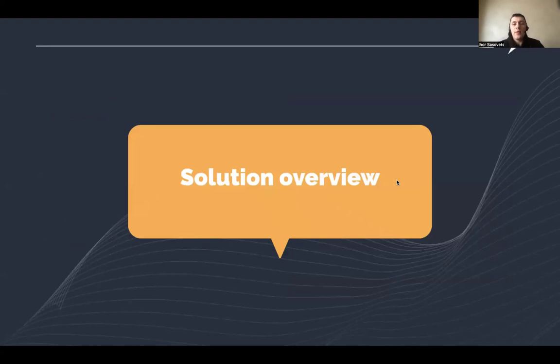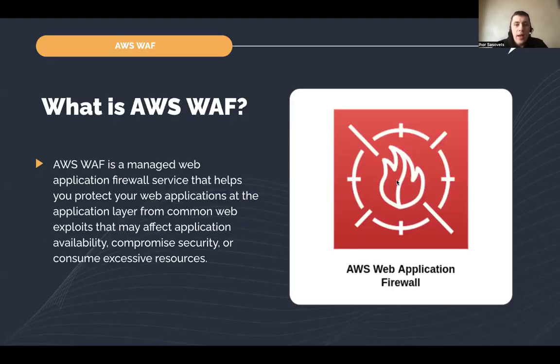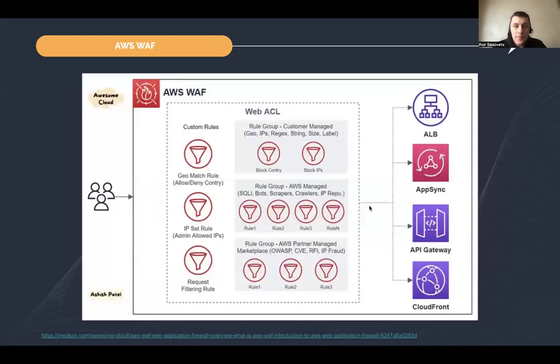So we will start from the solution overview, and let's briefly remind ourselves what AWS WAF is. AWS WAF is a managed web application firewall that helps us to protect web applications at the application layer from common web exploits that can be used to attack the application and compromise its security or consume excessive resources.